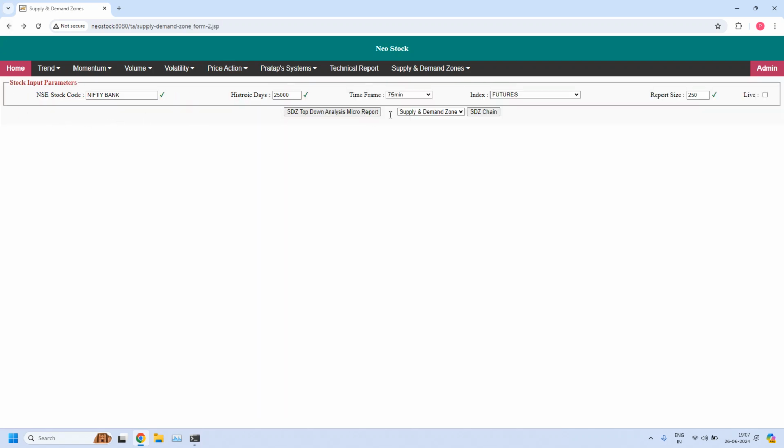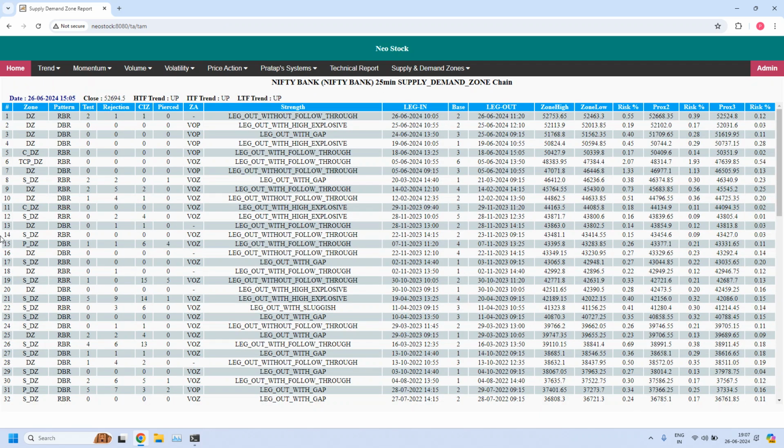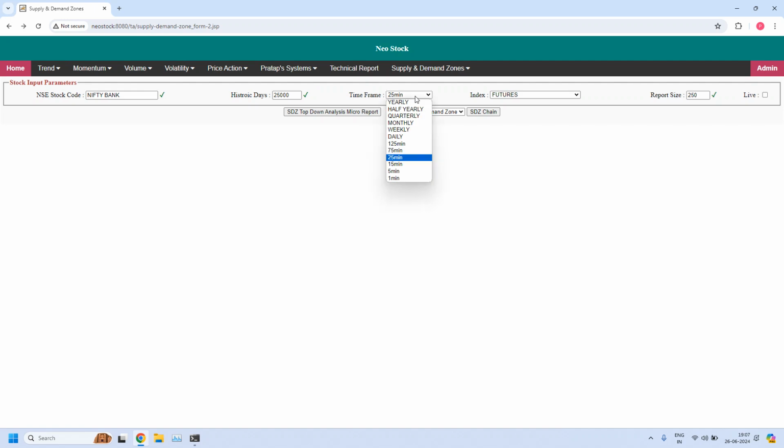I am going back, changing the time frame to 25 minutes and generating the Bank Nifty supply demand zone chain. Only one zone is created today for the 25 minutes time frame, and already tested 2 times. So I am going back, changing the time frame to 15 minutes, generating the supply demand zone chain for the 15 minutes time frame.